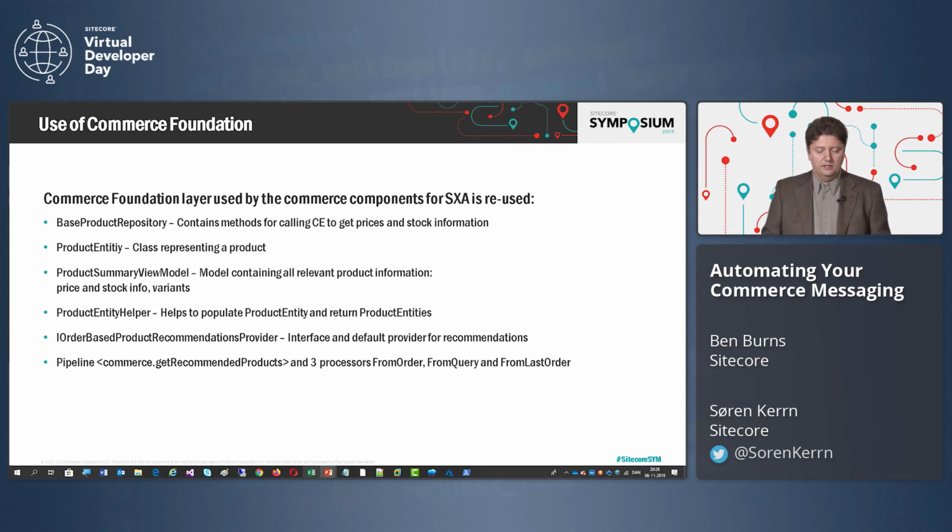There's a product entity helper that contains helper methods for populating the product entity. And there's a provider implementation with an interface and a default provider for getting the products to recommend, as well as the processor and pipeline and processors that I showed before that are actually retrieving recommendations based on order ID, query, or last order placed.